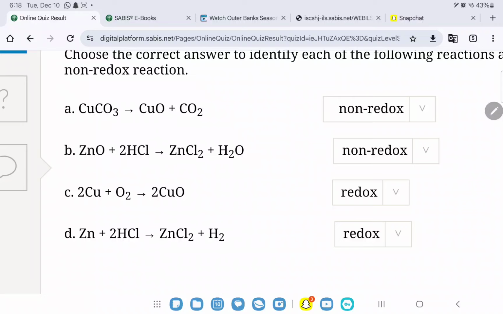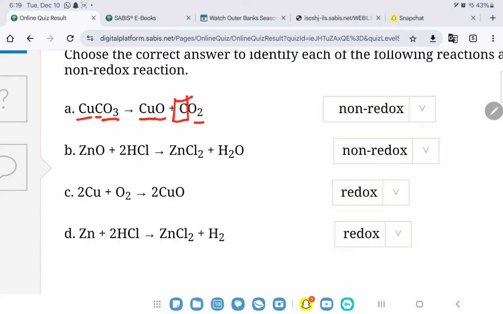Here we need to know how to find out if it's redox or not. First of all, we could use oxidation numbers, but here we can't because we don't know Cu and we don't know C. So we're just going to use the fact that here you had O3, you had CO, and you had C. Here you still have Cu, and we have O1, O2, and O3 all here.